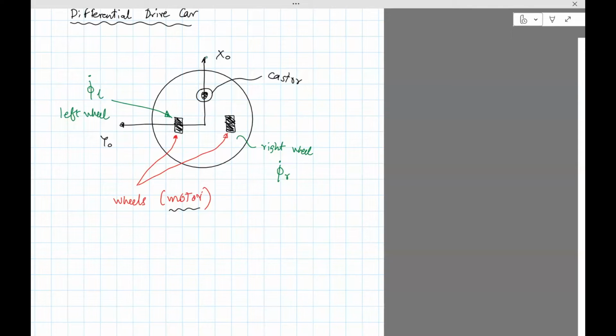So one way of getting this to move is, well, you want this car or differential drive to move straight and turn left or right. If you want it to move straight, all you do is move the right and left wheel at the same speed, and it'll go straight. If you want it to move to the left, clearly you want to spin the right wheel faster than the left wheel. And so you start turning left.